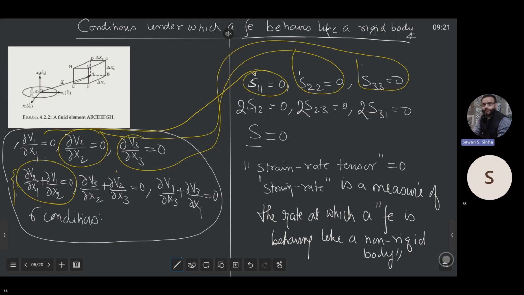But if this quantity has to be 0, it also means that 2 times S12 must be 0, which implies that S12 should be 0. So what I'm trying to say is that even though there is a difference of factor half, if we are hunting for conditions when these are 0, they actually mean that these strain components themselves are 0.